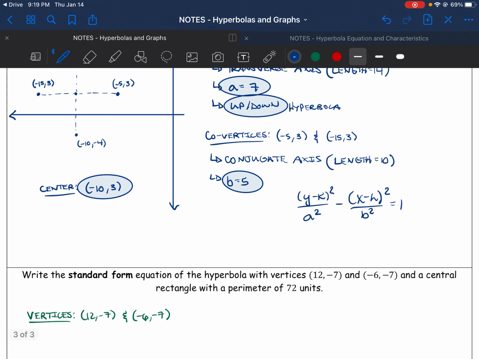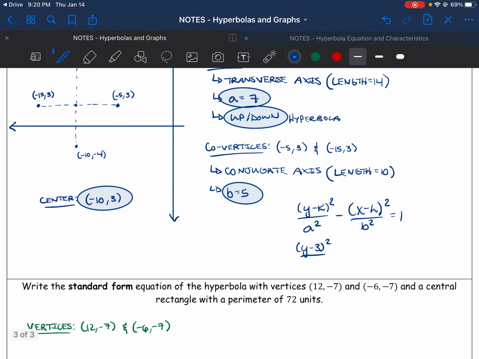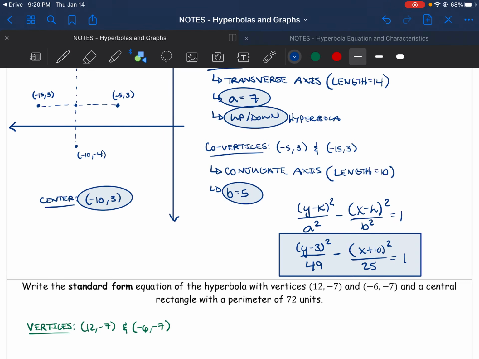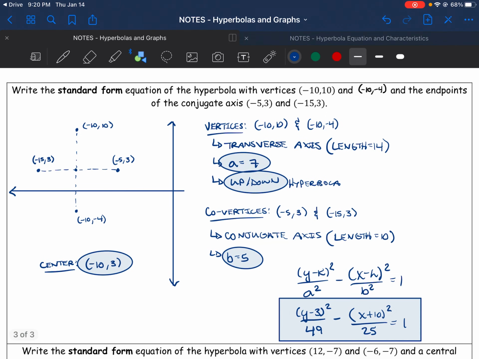Plugging in our pieces, y minus k squared is going to be y minus 3 squared over a squared, and we can see that a squared is 49, so y minus 3 squared over 49 minus, x minus h squared, that's going to give us x plus 10 squared over b squared, that's going to be 25, equals 1. Okay, and there's our standard form equation that meets these criteria. Vertices at negative 10, 10, and negative 10, negative 4, and endpoints of the conjugate axis, negative 5, 3, and negative 15, 3.